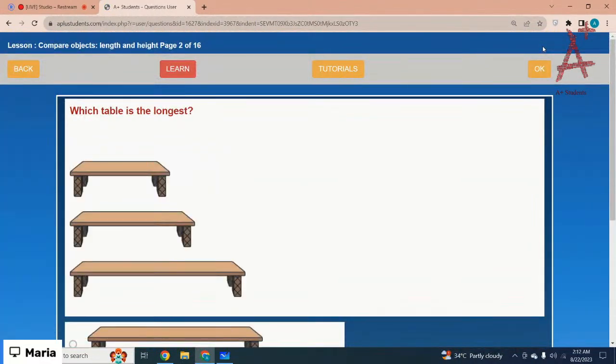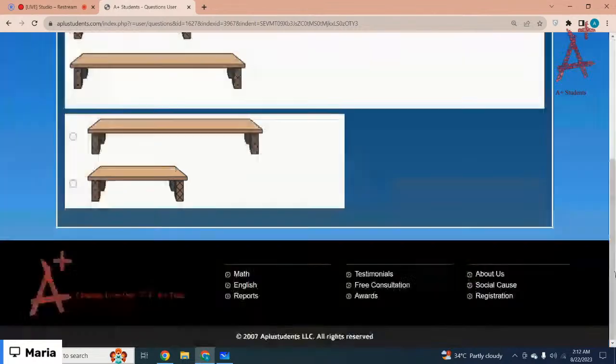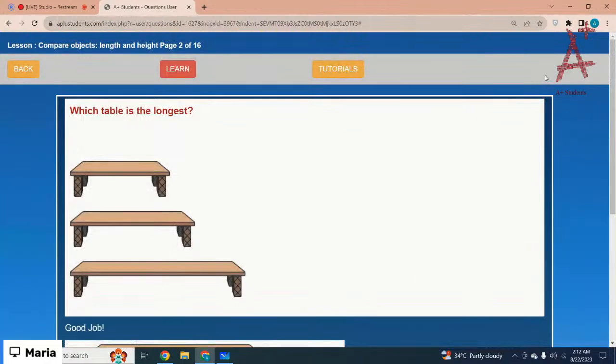Which table is the longest? You have to see the longest table. Just look at the options. That would be the longest one. So option number one is the correct option.